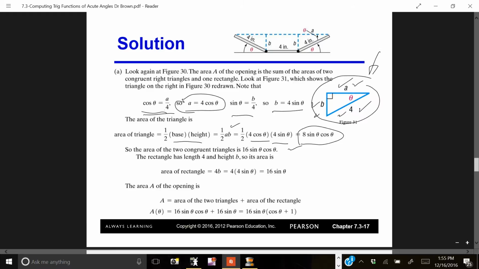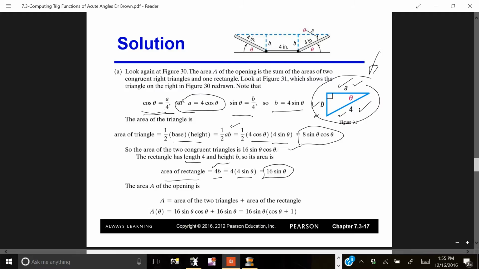And notice that the rectangle has a length of 4 and a height of B. So the area of the rectangle is 4 times B, and B is 4 sine of theta. So the area of the rectangle is 16 sine of theta.